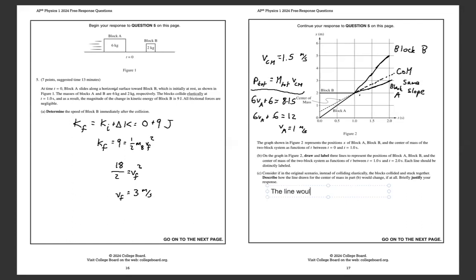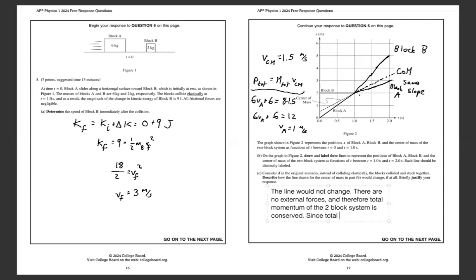The line would not change because, as we discussed, there are no external forces, and therefore total momentum of the 2-block system is conserved.